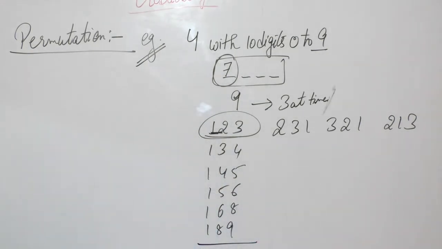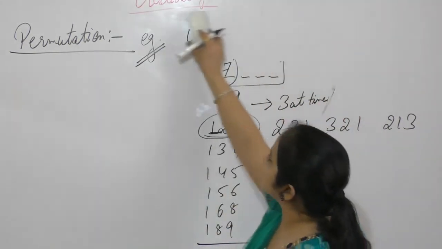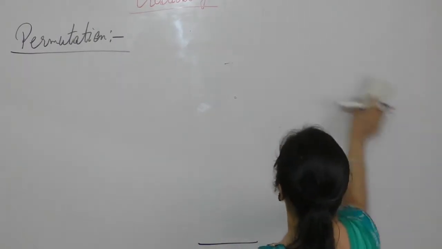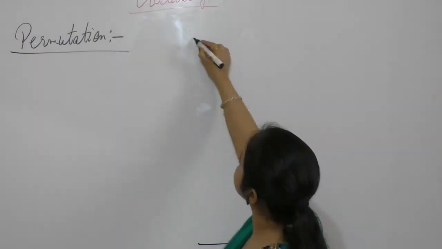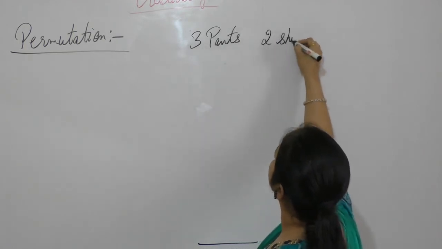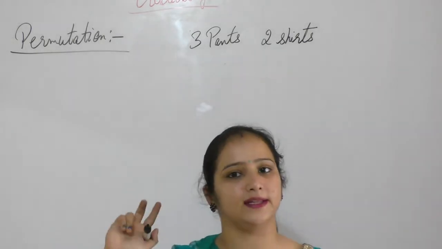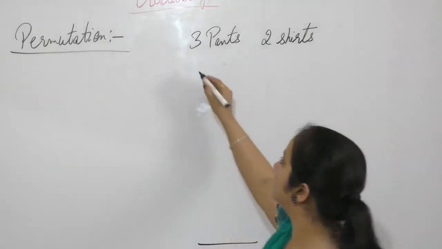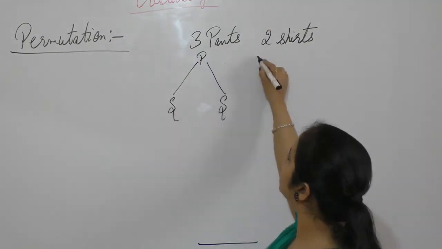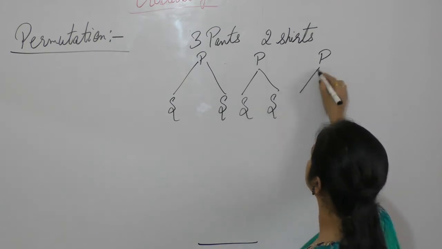So let us take one more example to clear the concept. Suppose a person has 3 pants and 2 shirts. In how many ways can he dress up himself with 3 pants and 2 shirts?